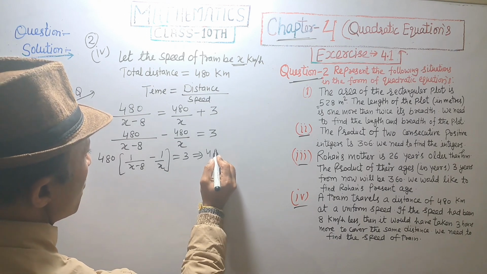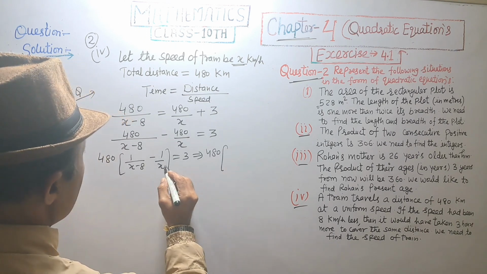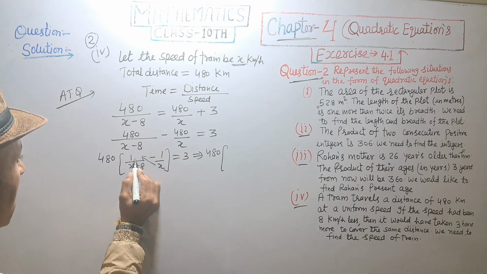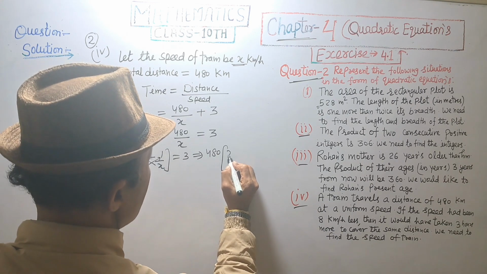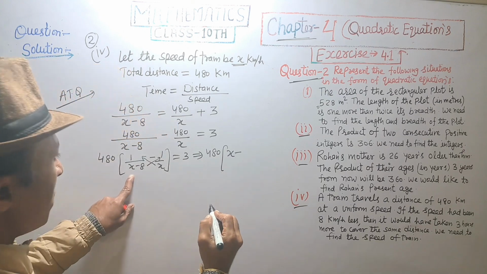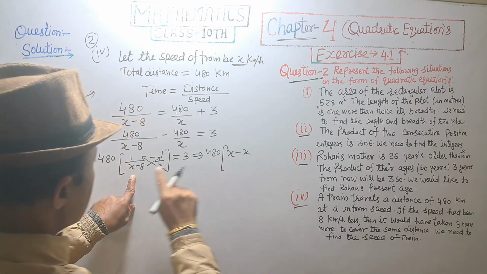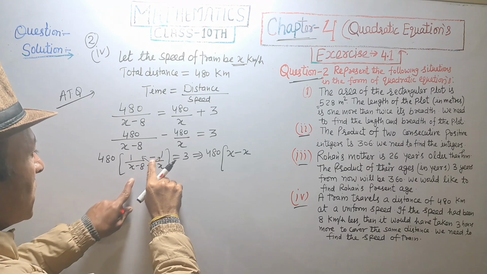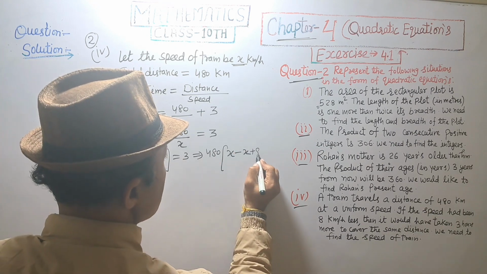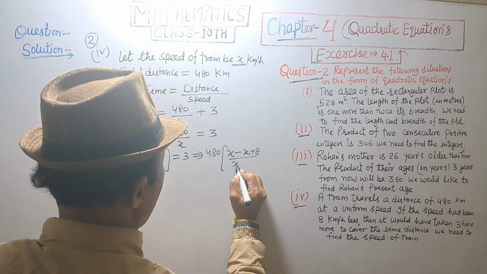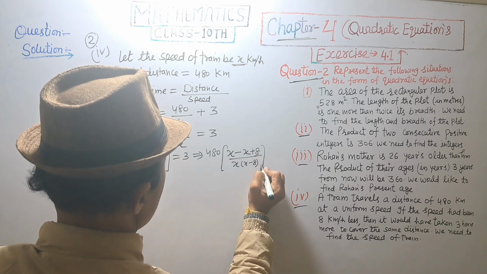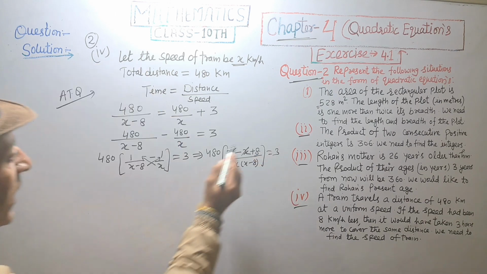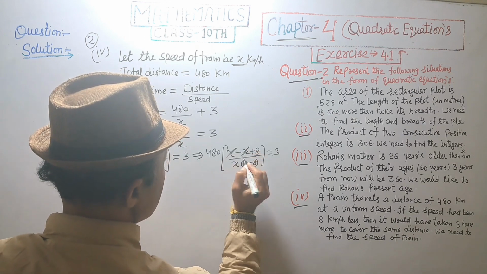This implies 480 into x minus (x minus 8), divided by x into x minus 8, is equal to 3. x is cancelled.